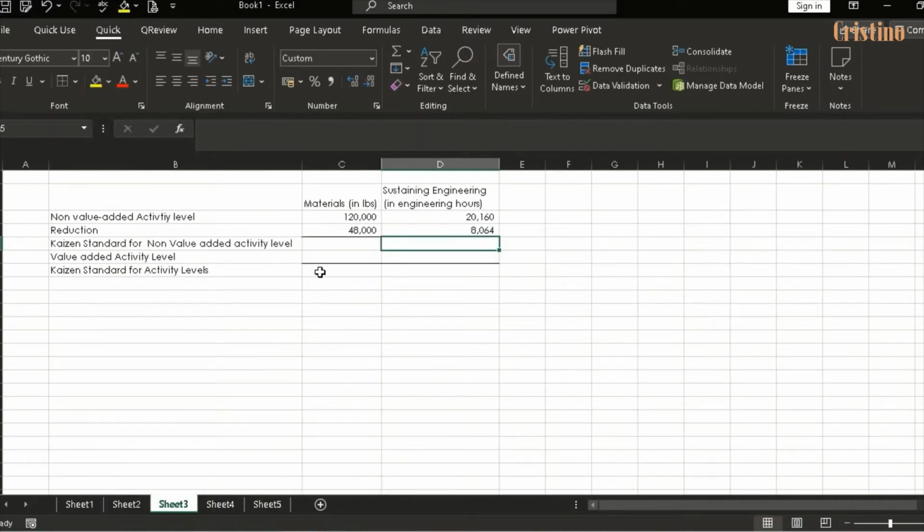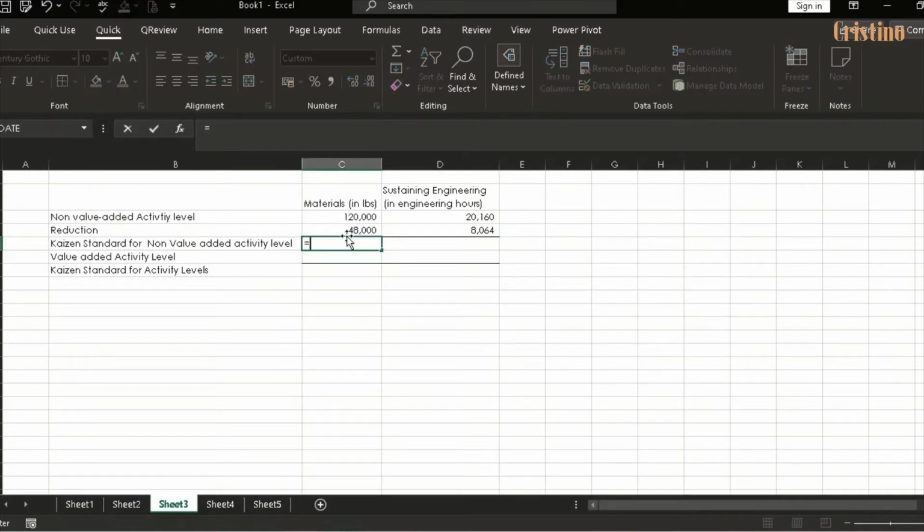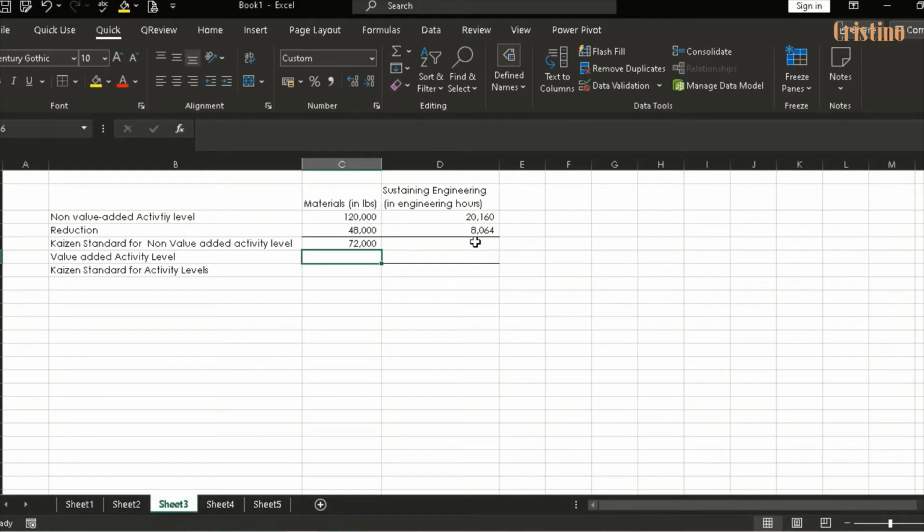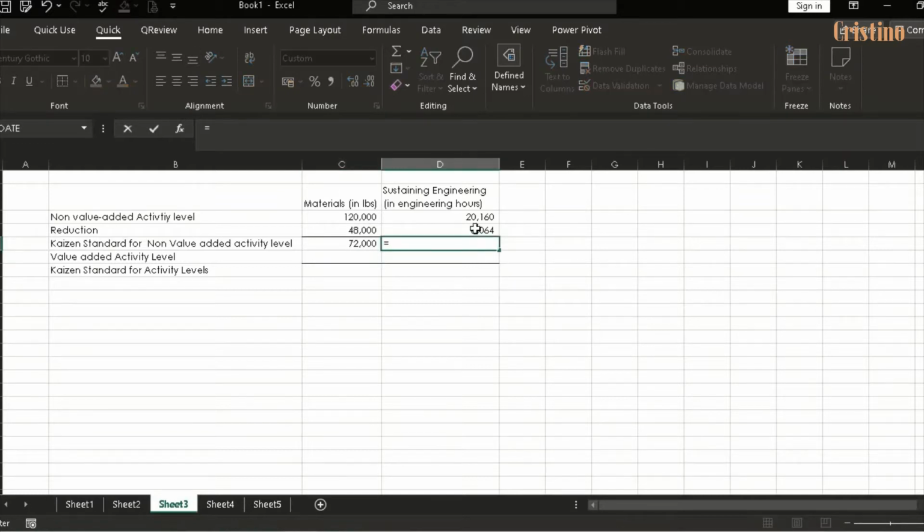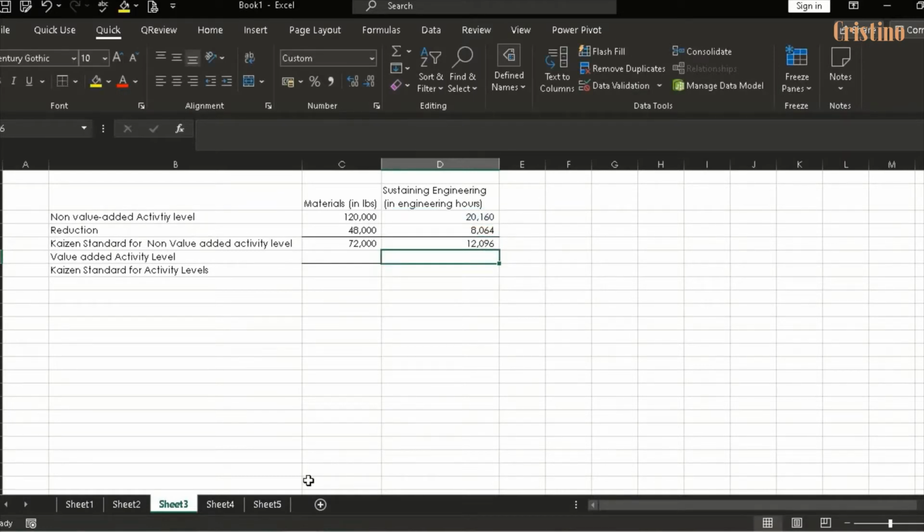To calculate the Kaizen standard for non-value added activity level, we're going to deduct the reduction from the current level of non-value added activity. For materials, it is 120,000 minus 48,000, giving us a Kaizen standard of 72,000. For sustaining engineering, it is 20,160 less 8,064 of reduction, giving us a Kaizen standard of 12,096.